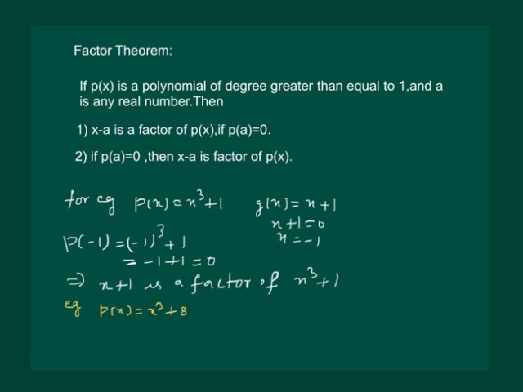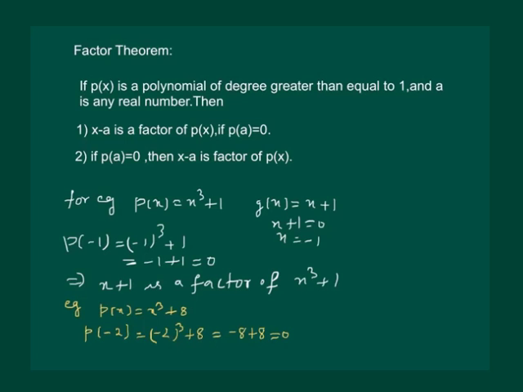For example, if we have p(x) is equal to x cube plus 8 and we can find some value of x for which p of that value is 0, so supposing I take -2, this will be (-2) whole cube plus 8, which is equal to -8 plus 8 equal to 0.